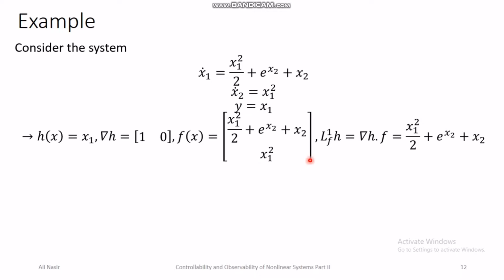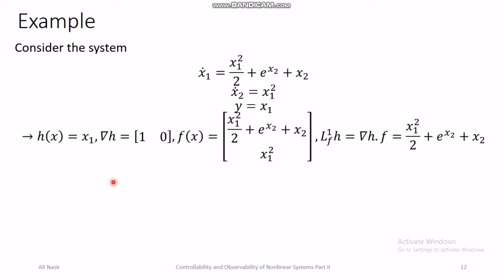If we take the Lie derivative of h with respect to f, that would be del of h, which is 1 0, multiplied by the vector f. Multiplying 1 0 with this vector gives 1 times the first component plus 0 times the second, which results in simply the first component. So the Lie derivative of h with respect to f would be x1 squared by 2 plus e to the power x2 plus x2.